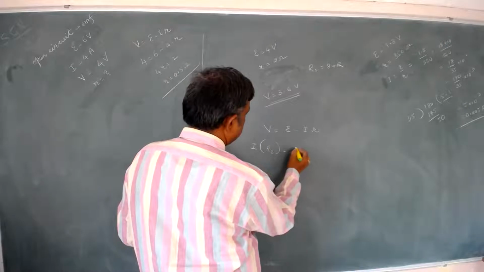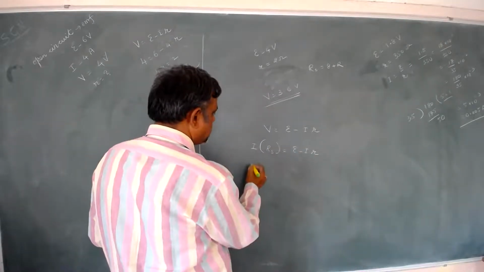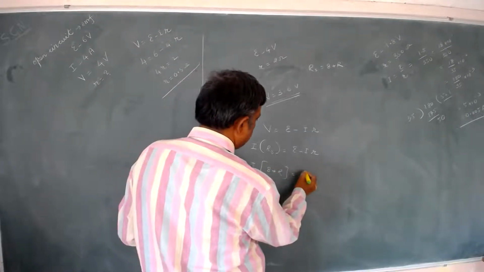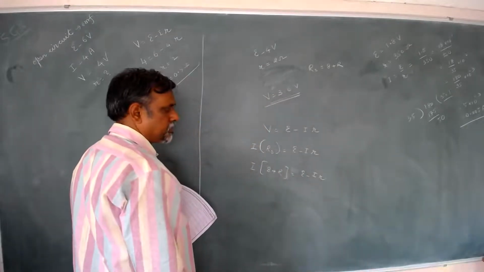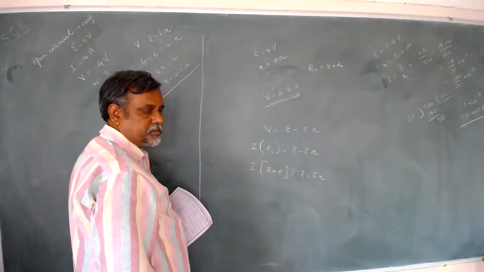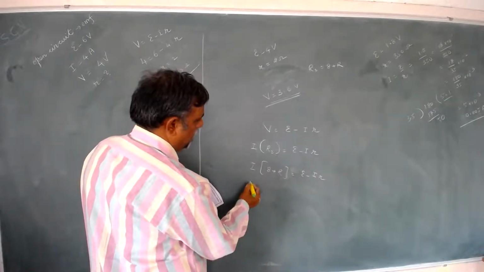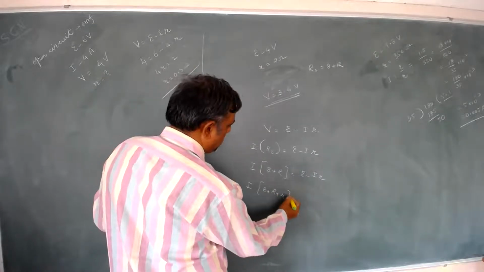RS is 8 plus R. So this is coming this way: I into 8 plus capital R plus small r.